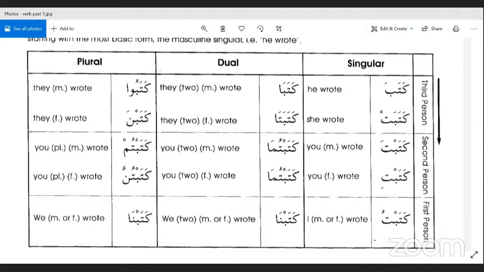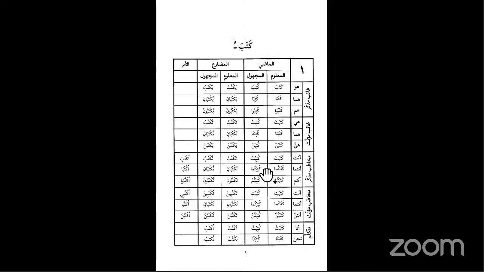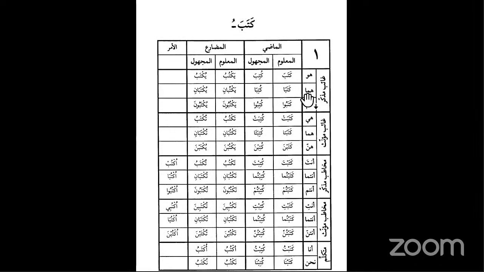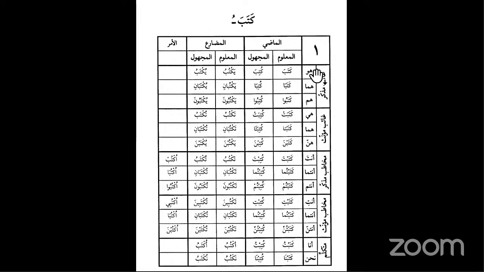Maulana, you can't see it. Okay, one second. Let me send this across as well. Can you see it now? Yes, I can see. So this is even better. I used the other one because it had the English, but now I'm using this one because it has the pronouns. Huwa means he, huma means they both, hum means they, hiya means she, huma means they both, hunna means they all.